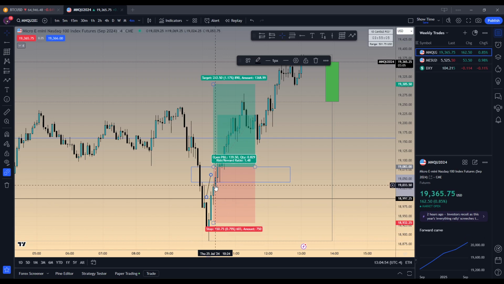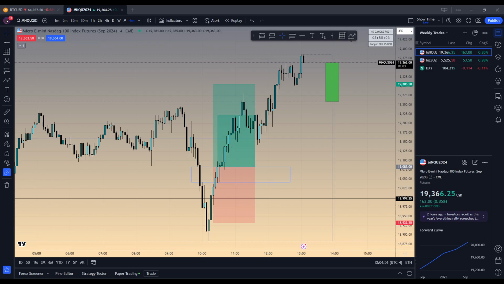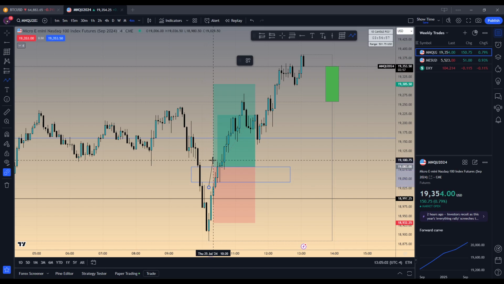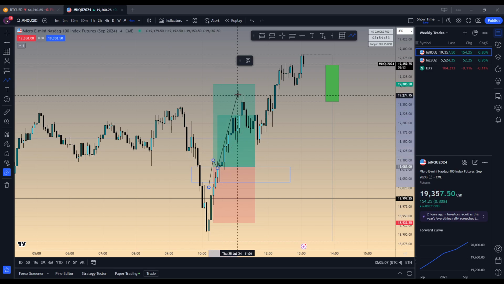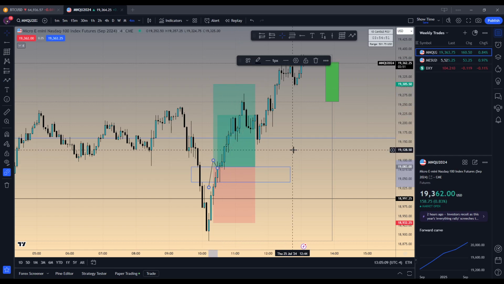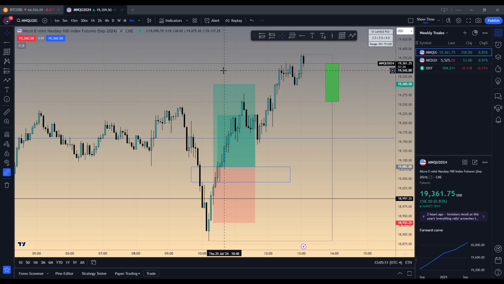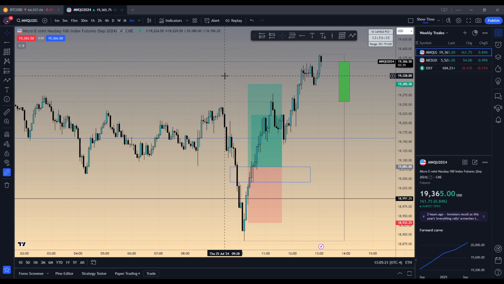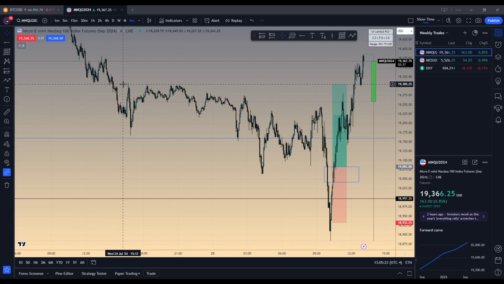Well, it becomes an inversion fair value gap, and you can use it for buys if we trade above it convincingly, which we did, and then tap back into it, and then price can send from there. You can see price tapped into it off of this candle here, where the dotted line is shown. That was my entry off a limit order, and I targeted this high here.